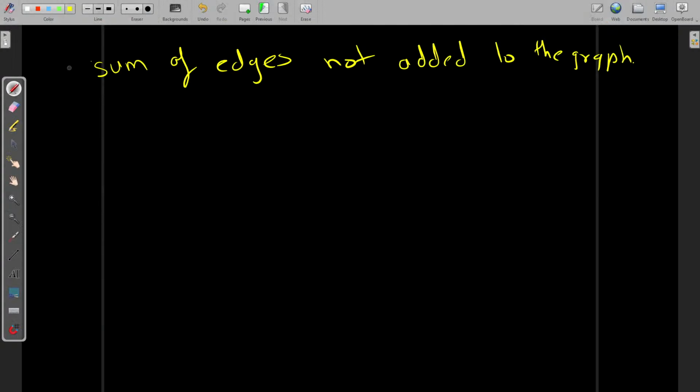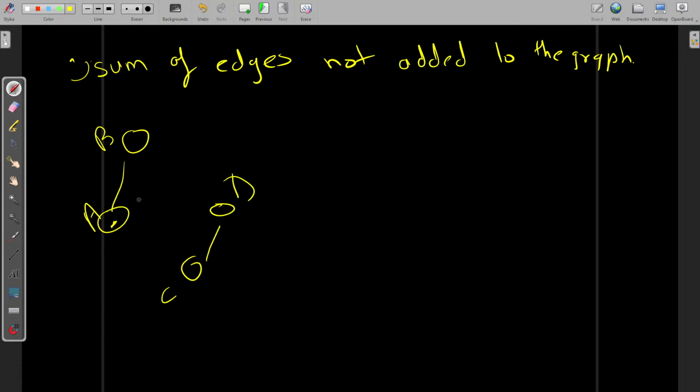Because if I already added some edge, then that means if there is an edge between A and B, then A and B will lie in the same component. If there is an edge between C and D, then C and D lie in the same component. But if there is no edge between A and C, then that means A and C lie in different components.